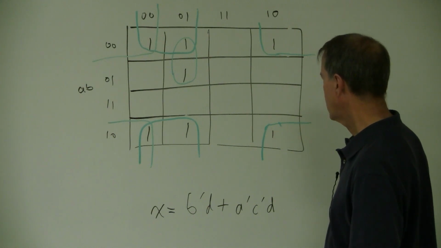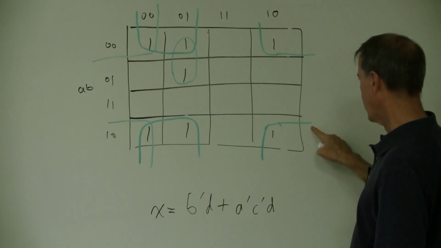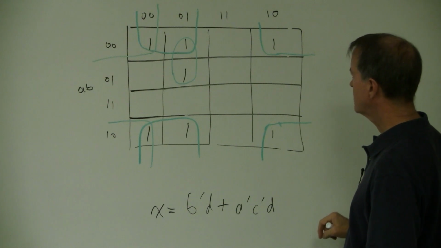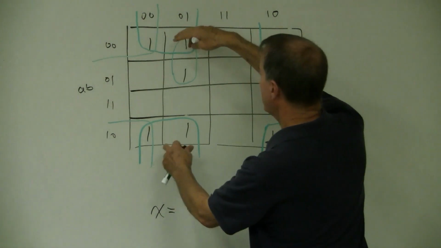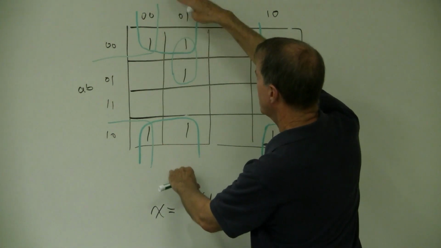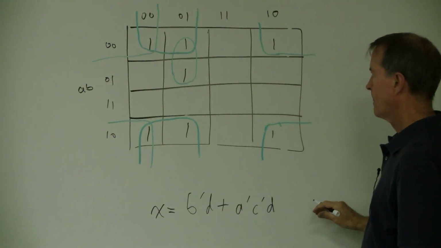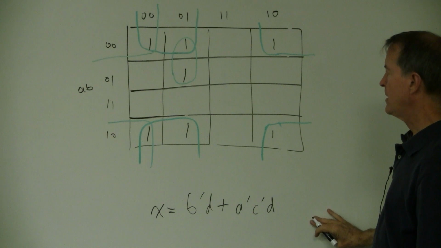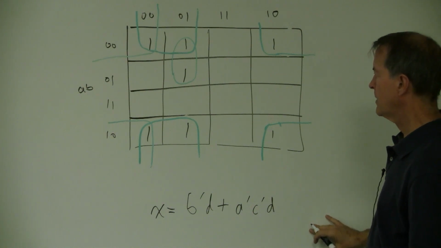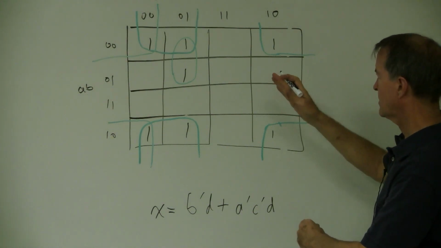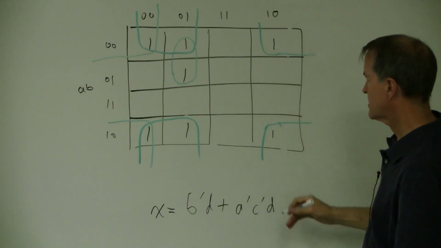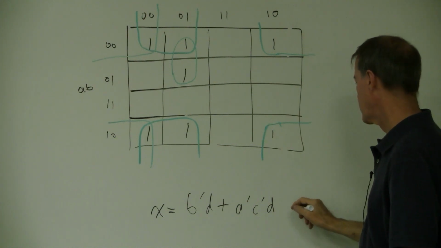The other square. We did the first, oh yeah, we need to do these. Which one are those? What are these? B prime, C prime. B prime and C prime, yes.